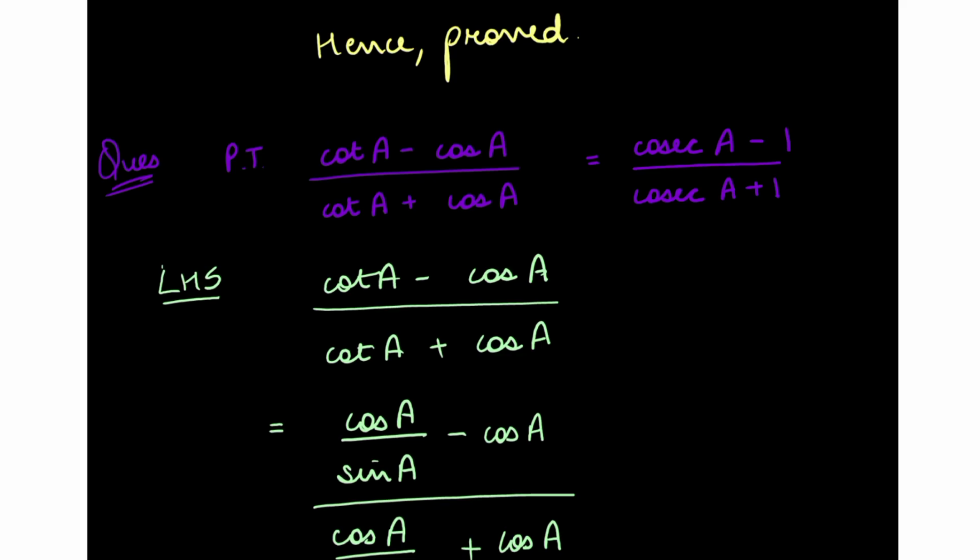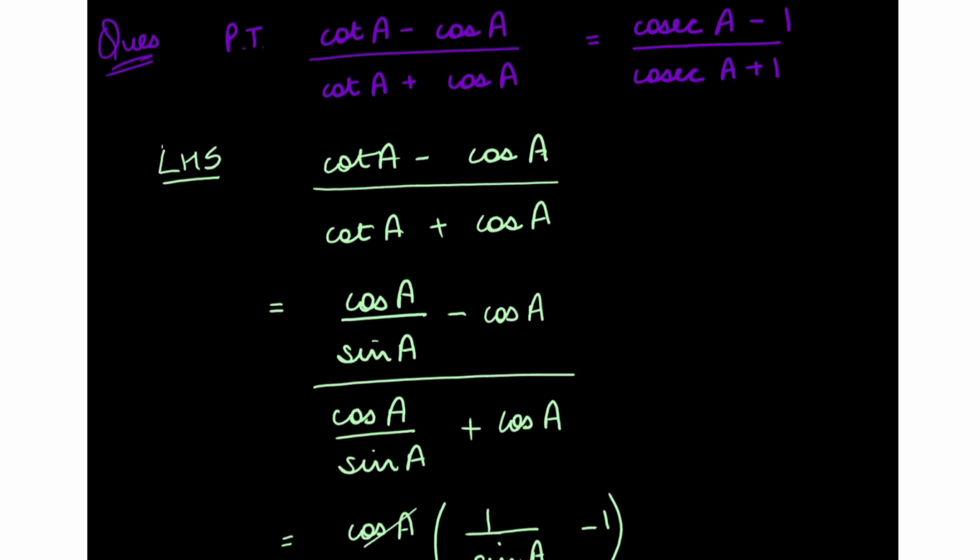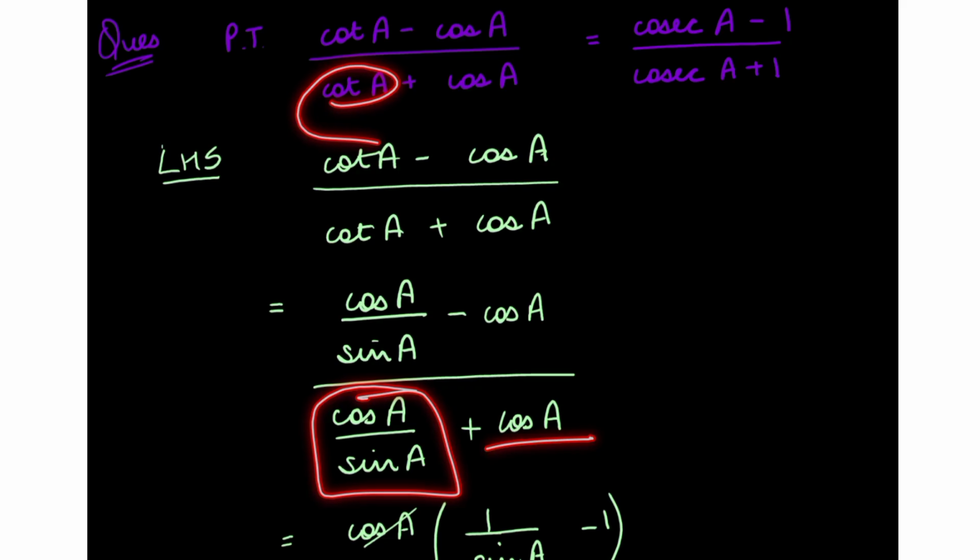So we can just convert right hand side and left hand side into sine and cos separately, or else directly also we can achieve the answer. Let's see. So cot A in terms of cos and sine, that is cos upon sine minus cos A, and then cot A again cos upon sine plus cos A.